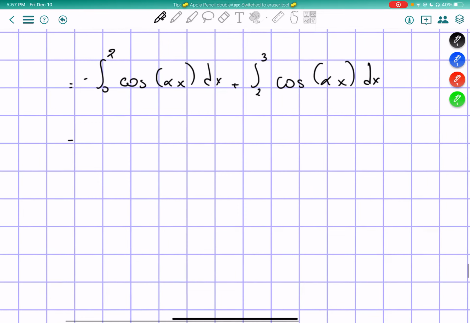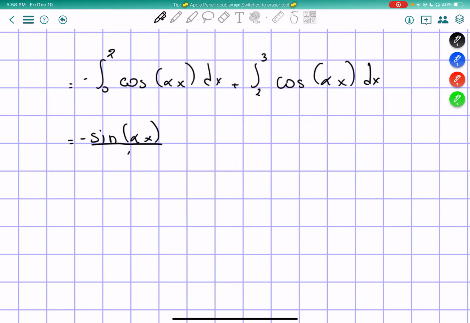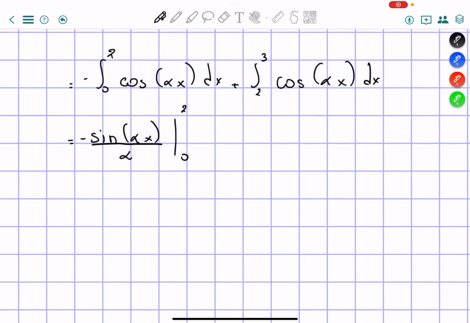So here the integral will be equal to negative sine of alpha x over alpha from 2 to 0, and then plus the sine of alpha x over alpha from 2 to 3.